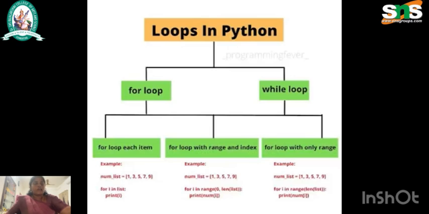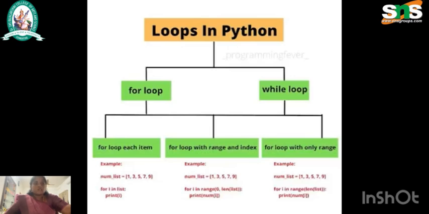As I have already said, the numbers must start from 1 till 5, so I give 1 comma 5. After that I give the statements to be executed. Here I want to display the numbers alone, so I give the print statement: print i. This is the concept of the for loop.